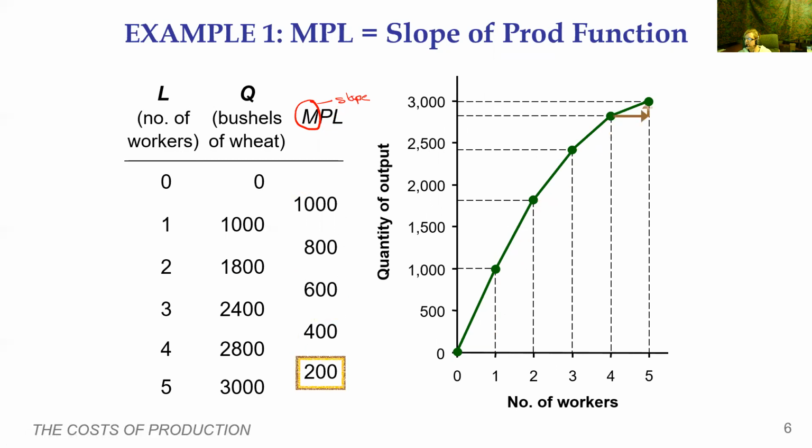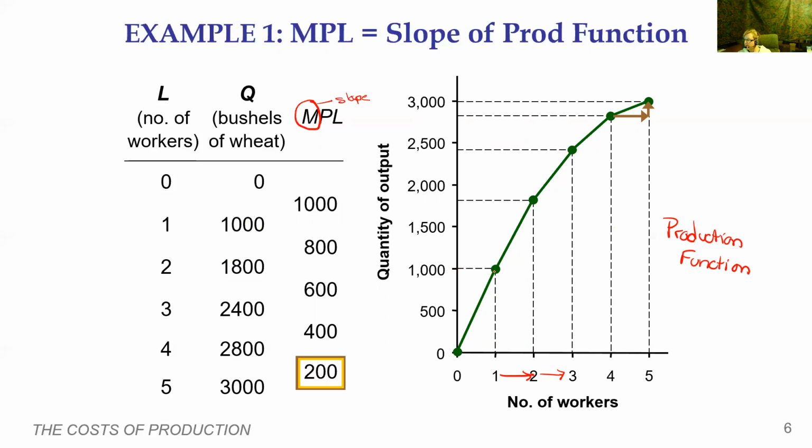So this graph beside us here on the right-hand side is just the production function, which illustrates as we add workers, as we go from 1 to 2, 2 to 3, the number of workers is 1, and our output is 1,000, so we graph that.